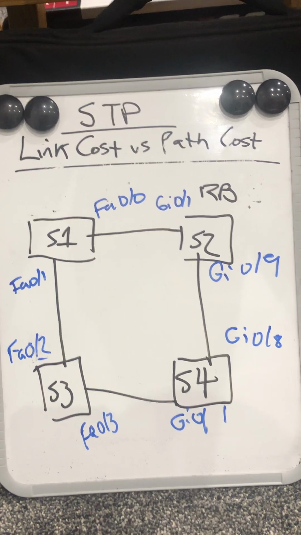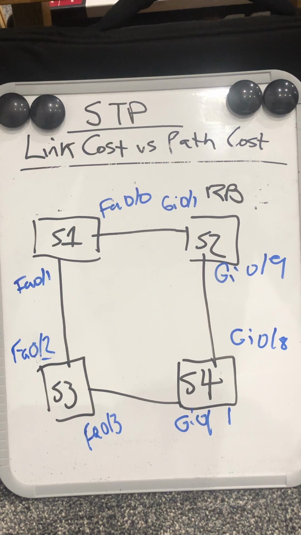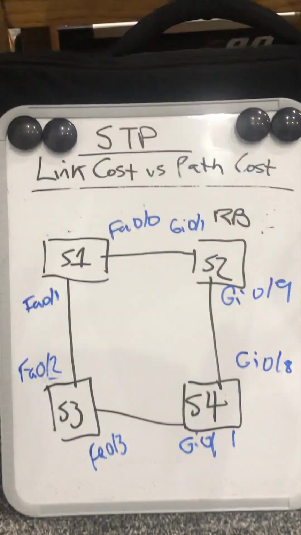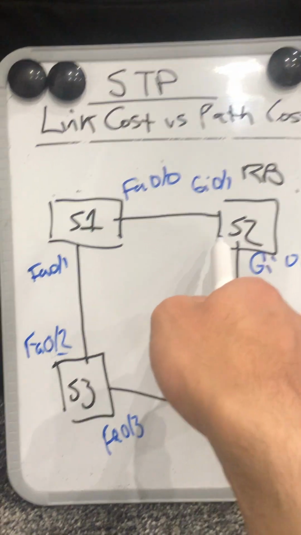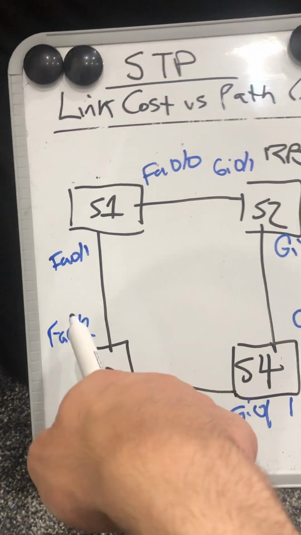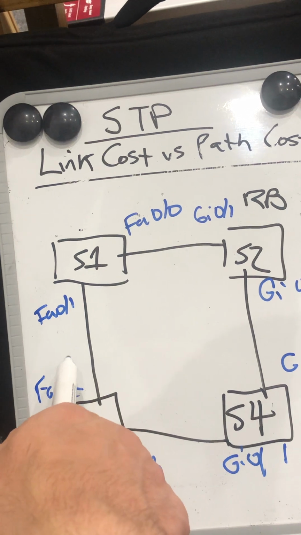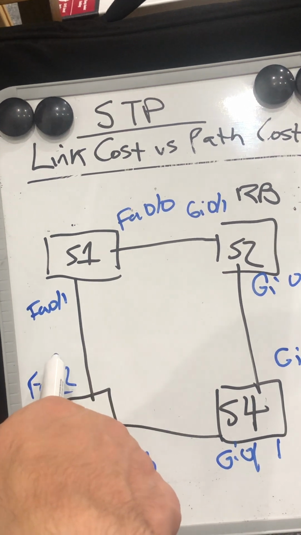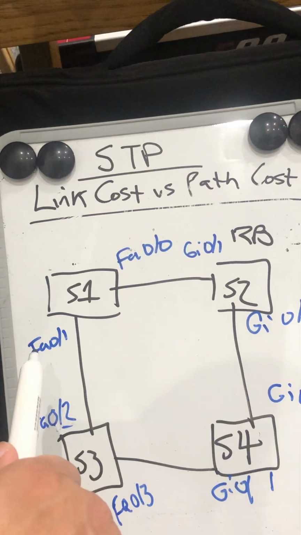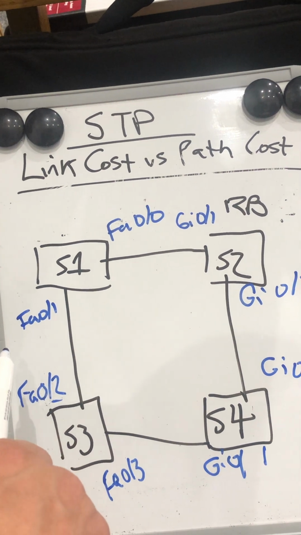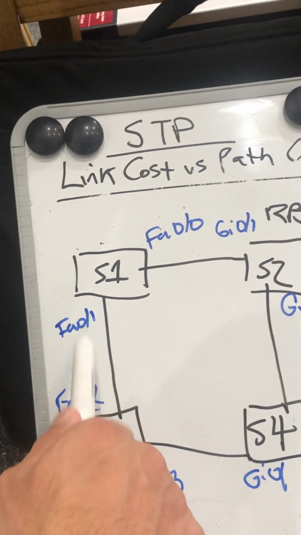From switch 3 to switch 1 to switch 2 would be traversing the link between S3 and S1, and that is going to have a cost of 19.